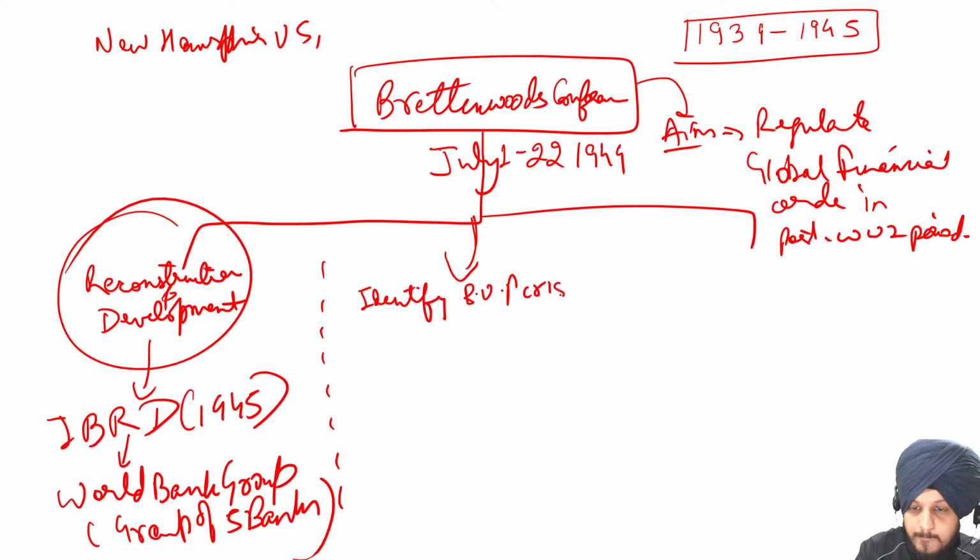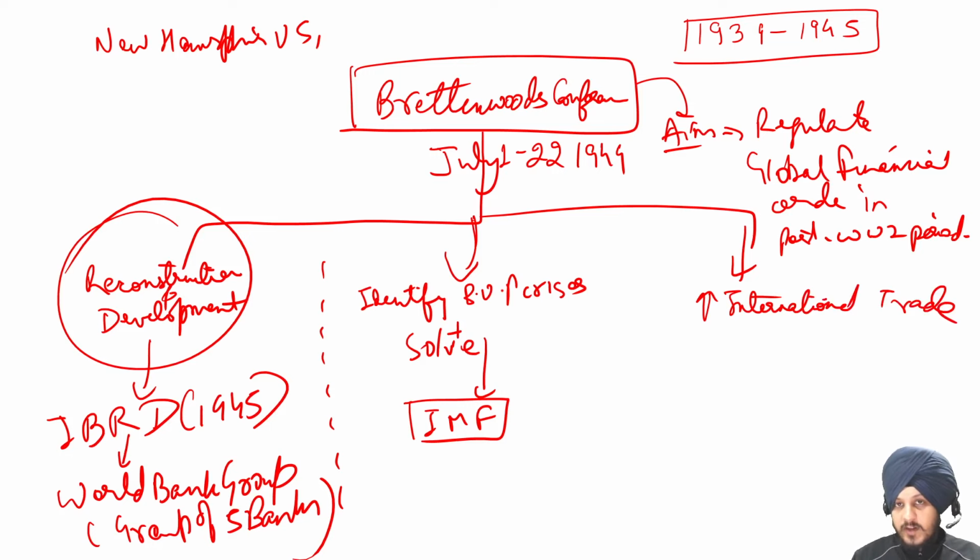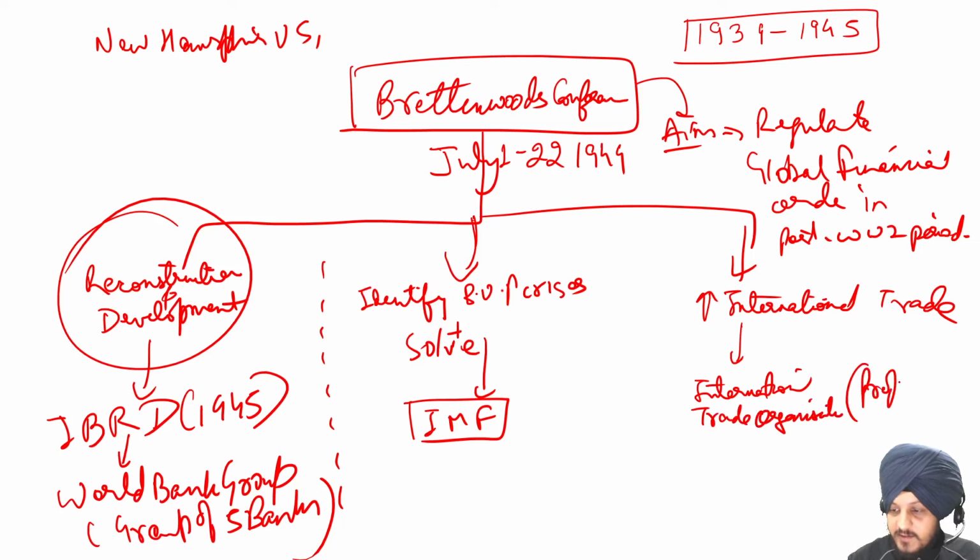Now, the third objective was to increase international trade among the countries. In order to meet this objective, different dialogues happened between the countries, and the International Trade Organization was proposed by the United States.